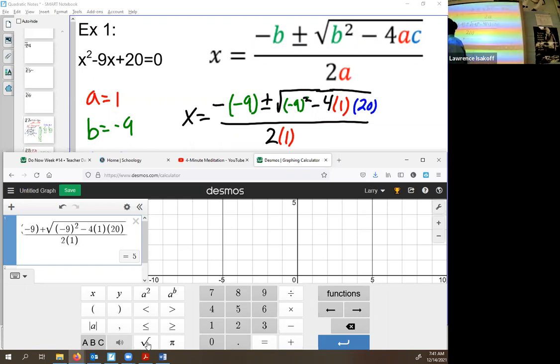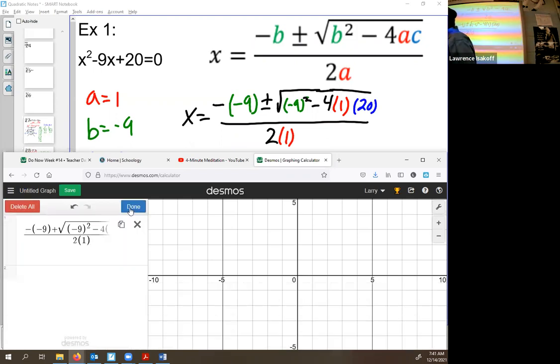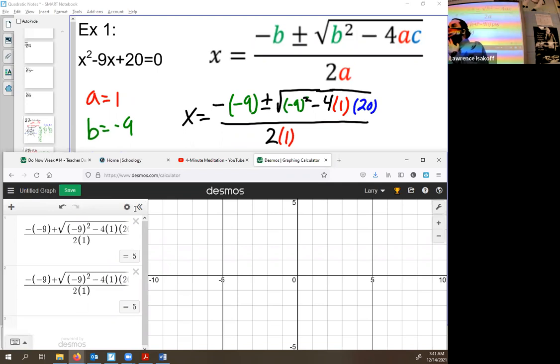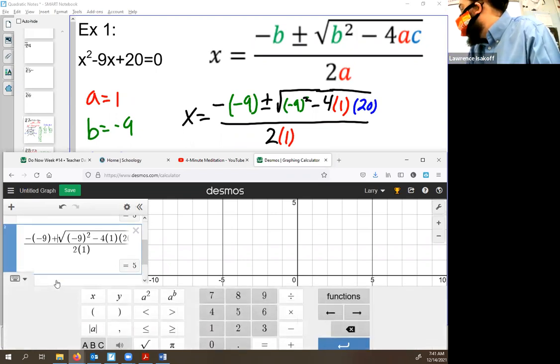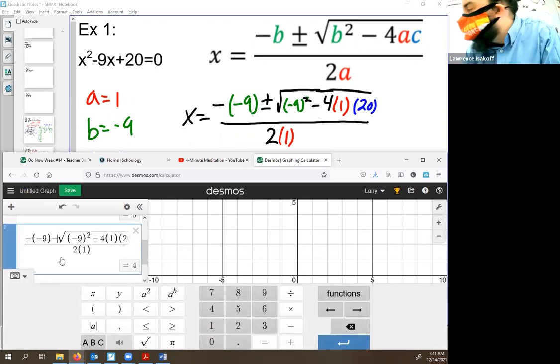Desmos will let me copy this. If I hit the gear here, see this little paper symbol? That means to copy it. If I hit that, it copies it to the line below. The only thing that changes is I already did the plus, now I need to do the minus. So this plus sign right after the negative 9, I am going to delete that, change it to a minus, and there's my other answer.